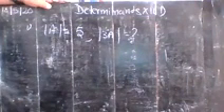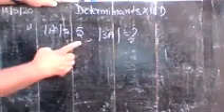You have to find the value of the determinant of 3A. So what is your result? So just listen, here it is 135.